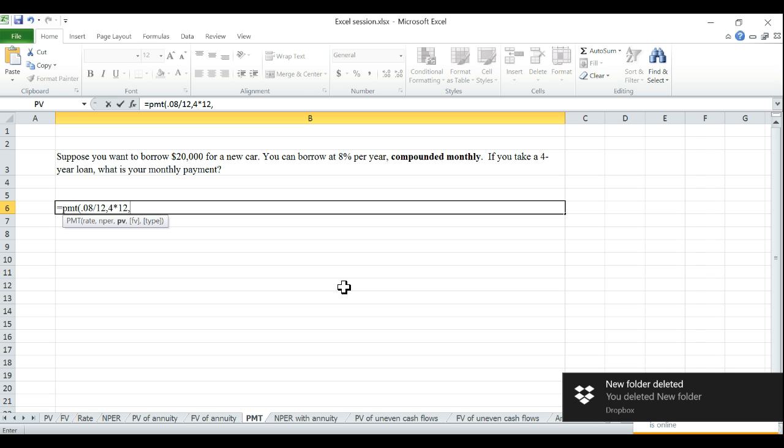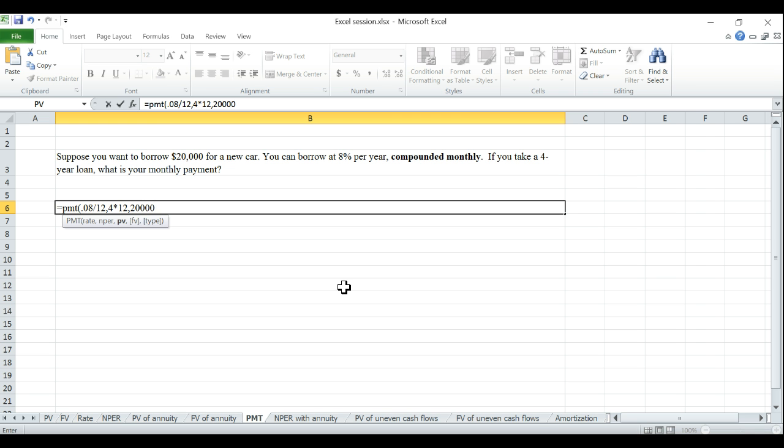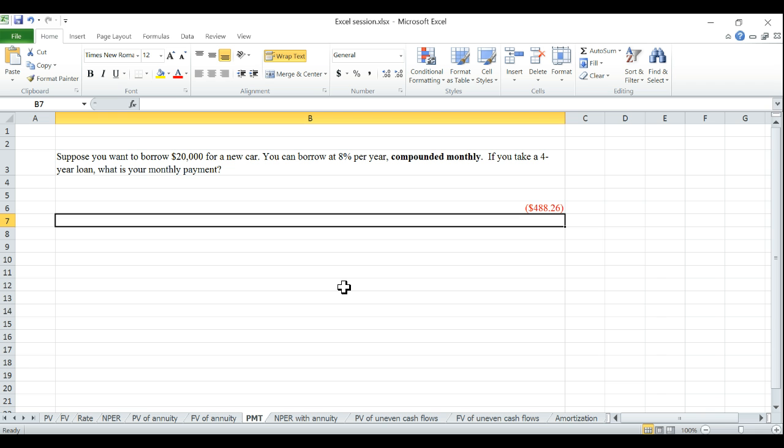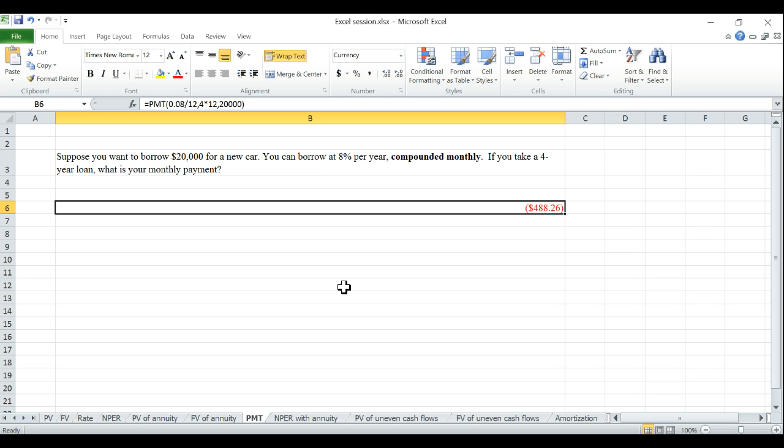And then present value is $20,000, or something worth $20,000 is coming in my pocket right now. So that's a positive value that we are receiving, and enter, and we will be paying $488.26 every month towards this car loan, and we'll be able to pay it off in 4 years. So that is your payment.